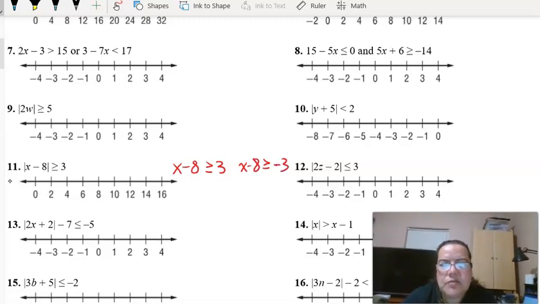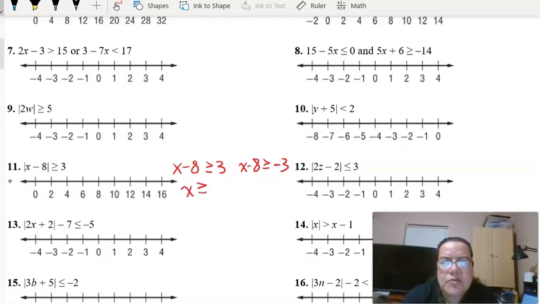So let's deal with these two situations. In this case, x would be less than or equal to, I move the 8 this way, so that's plus 8. So that would be 11. Or I could also have the situation where if I move the 8 over here, I end up with x is greater than or equal to 5. And so those are the two numbers that I'm going to be looking at.